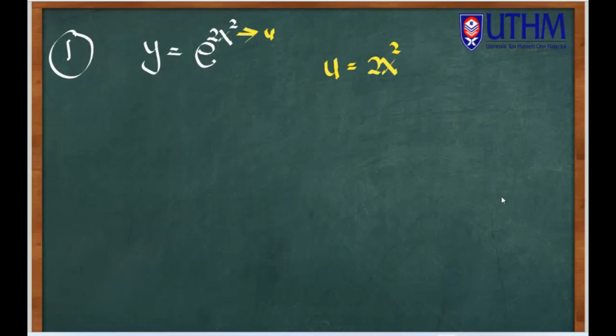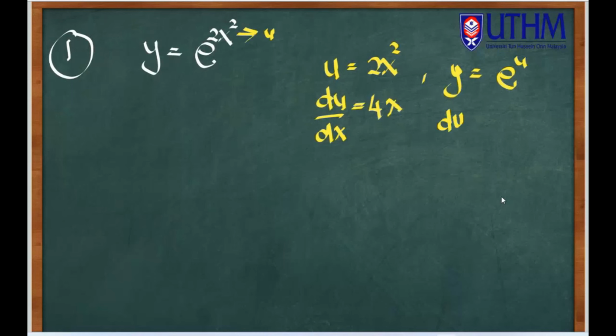So du/dx, we will get 4x. Since 2x squared is u, now our y becomes e^u. So dy/du, we will get exponent u.